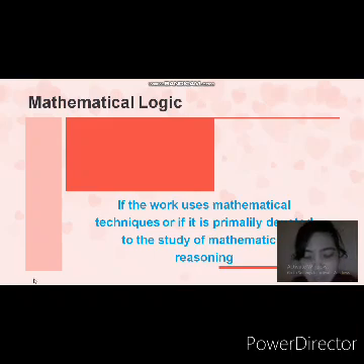We can narrow the domain of mathematical logic if we define its principal aim to be a precise and adequate understanding of the notion of mathematical proof.